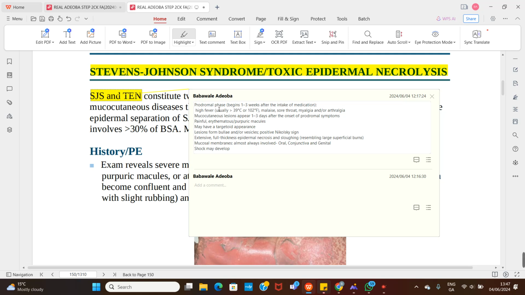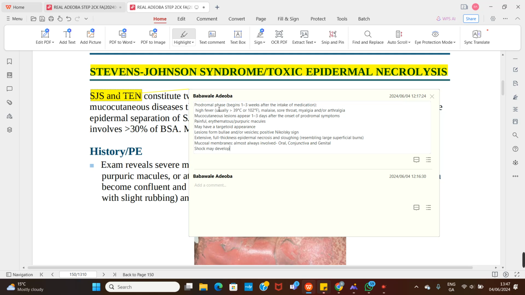And of course, once you exert pressure on the bullae, they are going to rupture, which is in keeping with the positive Nikolsky sign, right? Then later you notice that the entire full thickness of the epidermis is going to start undergoing necrosis, and they will be shedding out. So there's going to be full thickness necrosis of the epidermis with sloughing resembling burns.